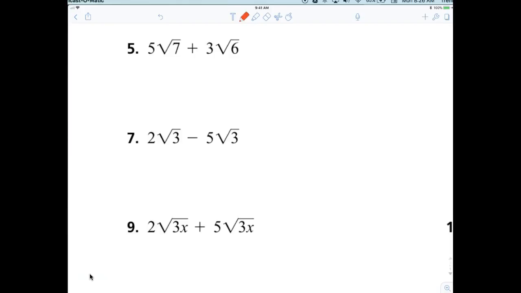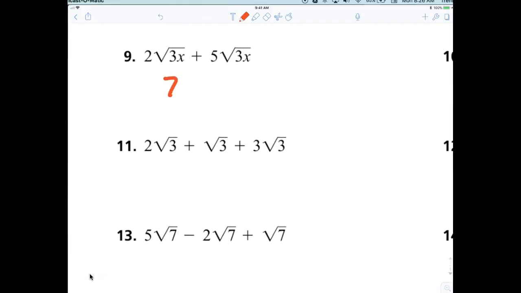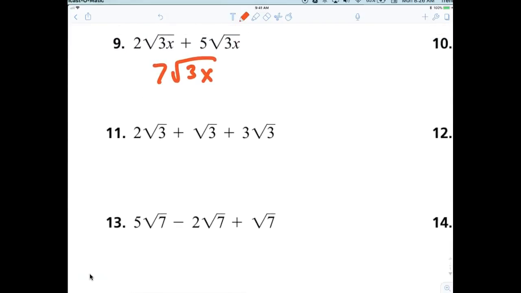Number 7. Negative 3 radical 3. Number 9. 7 radical 3x. Any questions? Here we go. It's 6 radical 3. 5 radical 3.